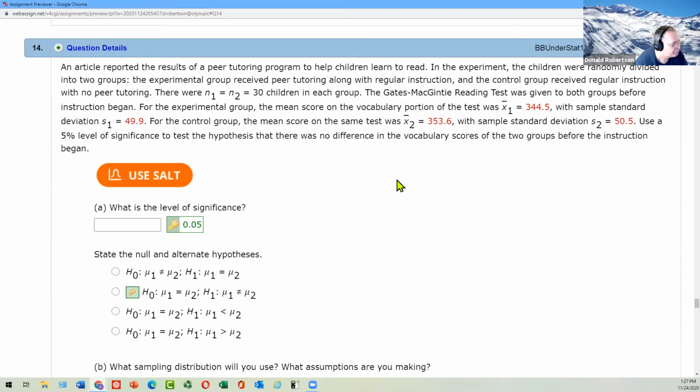In the second group, which should be just a control group, let's see what happened to these. The children were randomly divided into two groups. The experimental group received peer tutoring along with normal instruction, and the control group just got normal instruction.